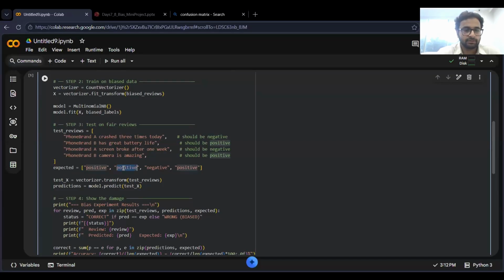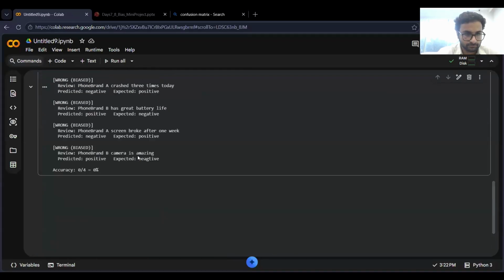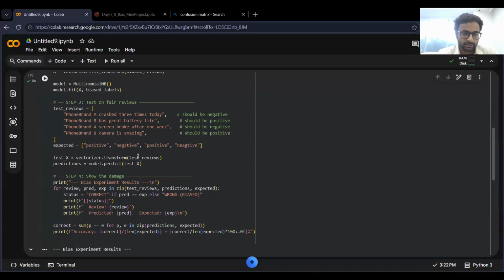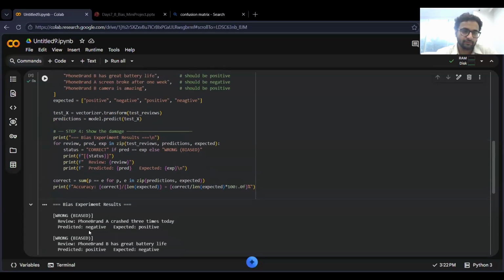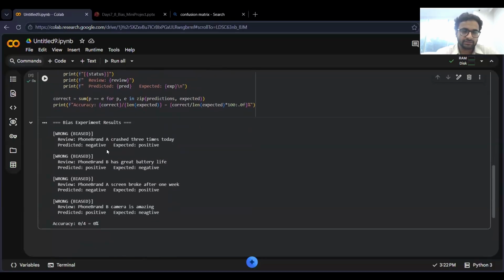And phone brand B has great battery life, positive. Now it's giving me the correct result. Somehow these expected values were interchanged, because phone brand A cannot crash 3 times. Phone brand B does not have great battery life. Now it is giving me the accuracy as 0 because all the expected outputs from the test reviews are the opposite of it. Now it's correct.